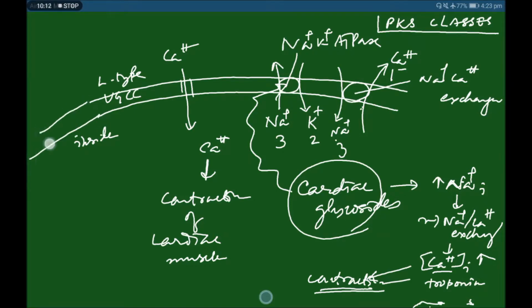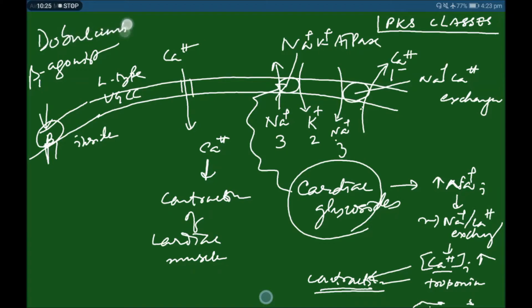We can also use drugs like beta 1 agonists. Beta 1 agonists like dobutamine can be used, which increase the force of contraction.